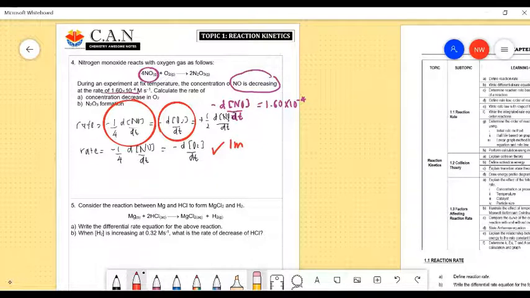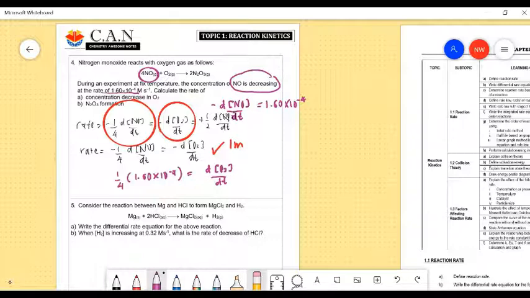So, kita tahu dekat sini dNO over dt adalah 1.60. So, 1/4 darab dengan 1.60 kali 10 negatif 4 equal to dO2 over dt, ataupun rate decreasing of oxygen over time.